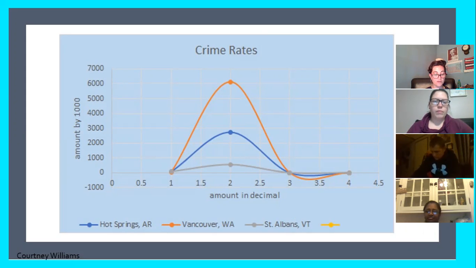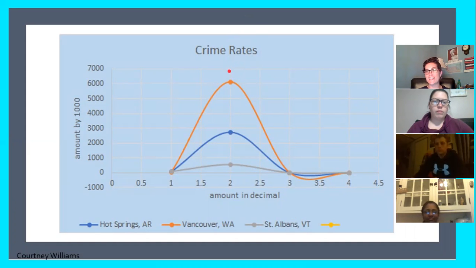This chart holds true that the crime rate is higher in Hot Springs, but our population is also smaller, and so that's where the range effect comes in. Because we have a smaller population and they're taking the same 1,000, our crime rate seems to be higher when in actuality it's comparable to Vancouver, because they have so many more people.